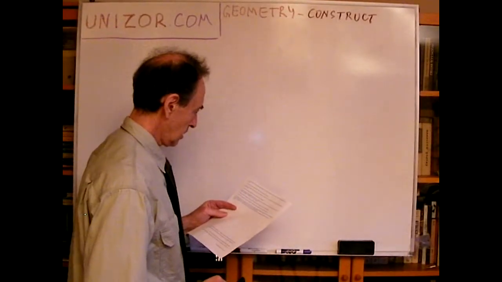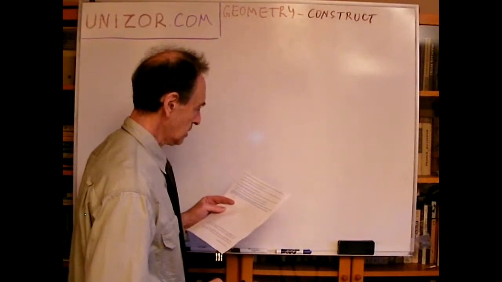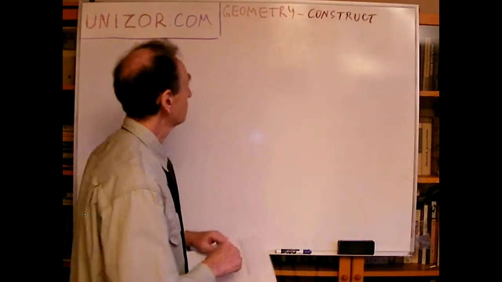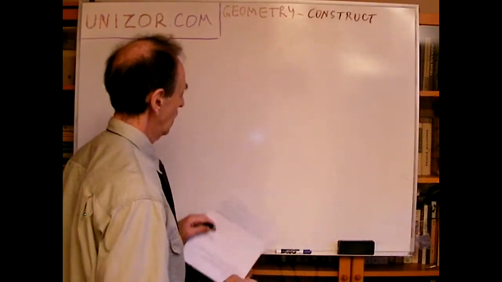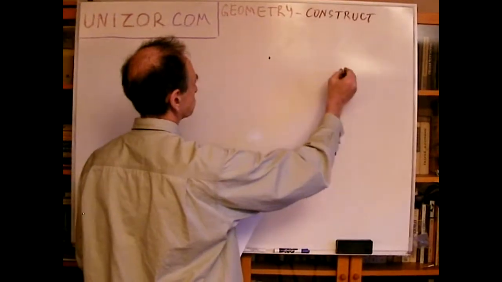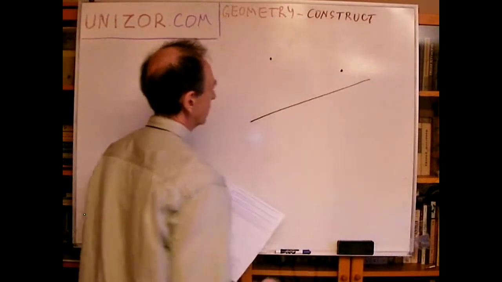All right. Given a straight line and 2 points anywhere on the plane, construct a point on the given line equidistant to the 2 given points. Okay. So you have 2 points, A and B, and some kind of a line on the plane.